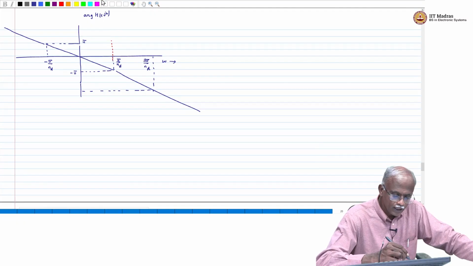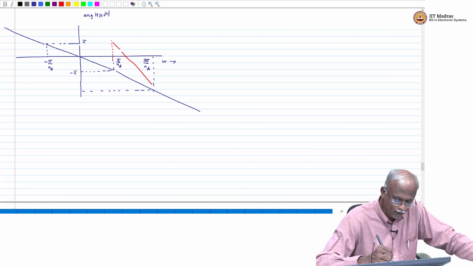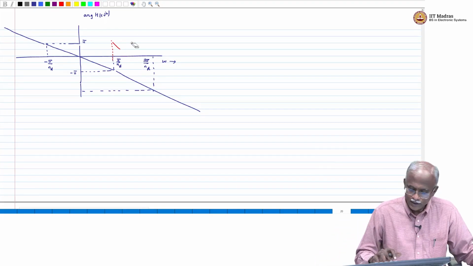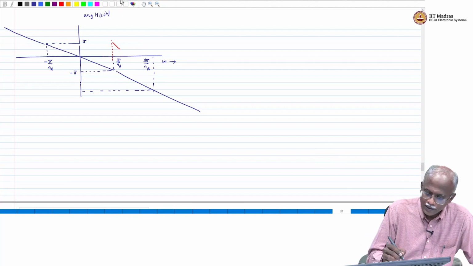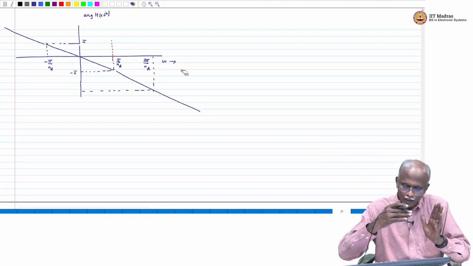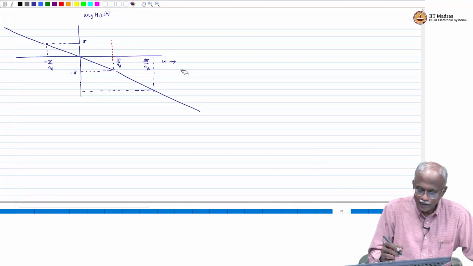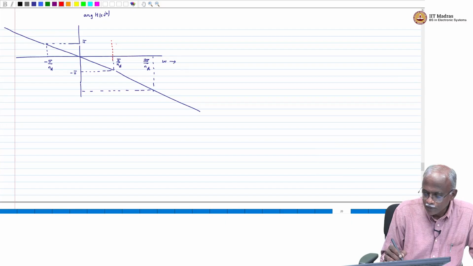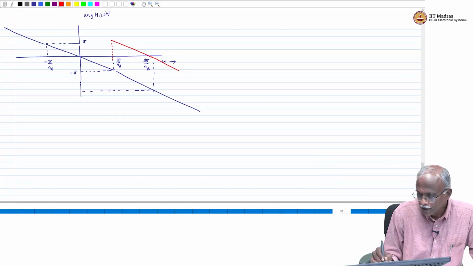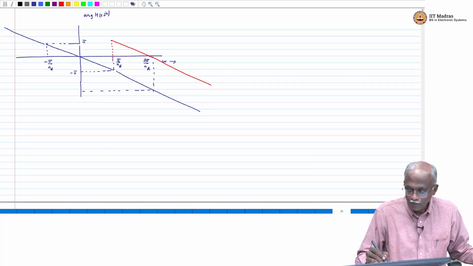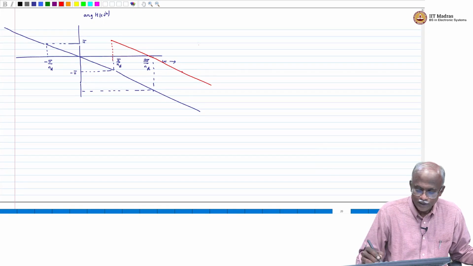It starts at pi, and when this is 2 pi, sorry, basically from minus pi I have jumped up. It will be a function that crosses 0 here. Basically it will go parallel, and the minute it touches minus pi again, it will jump.